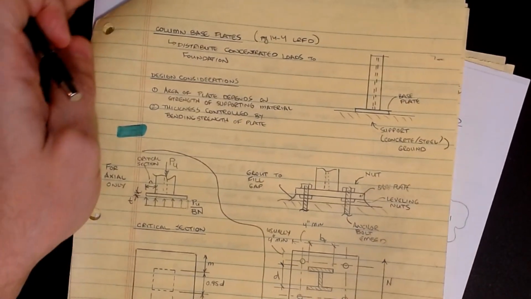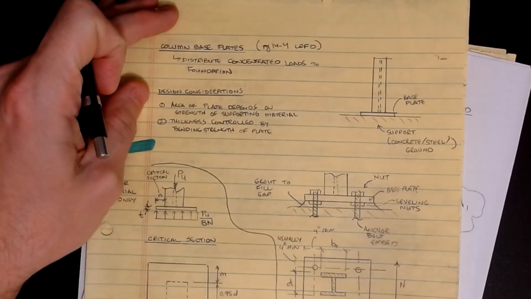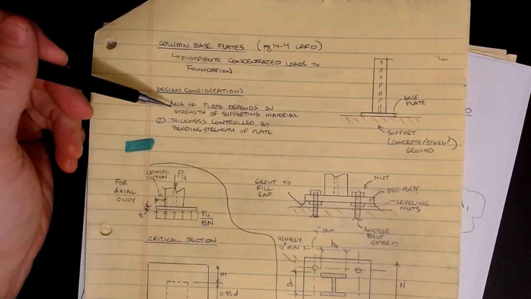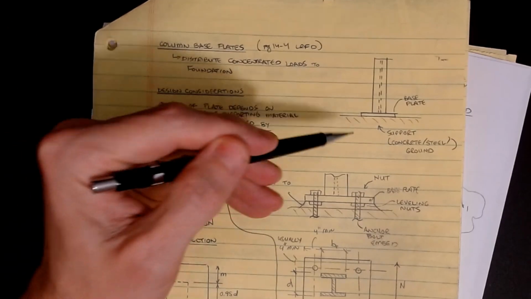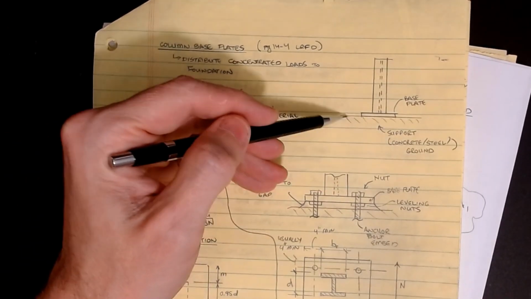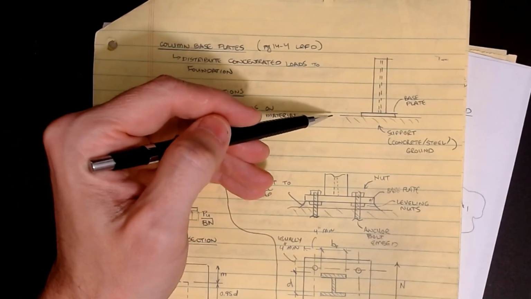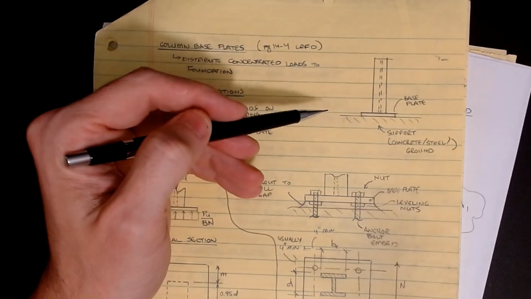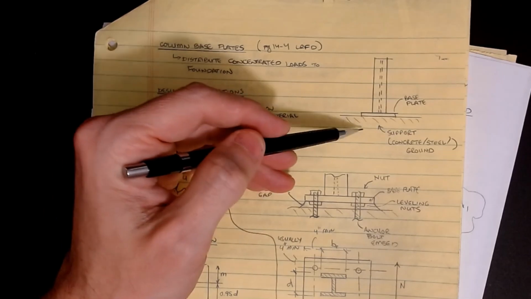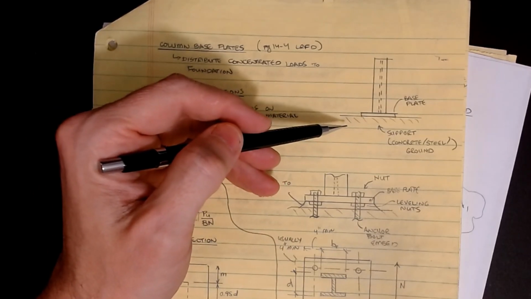Some of the design considerations are that we're looking for the area of the plate depending on the strength of the supporting material. Again, what is the allowable pressure that can be held up? If it's concrete, we're talking about the 28-day compressive strength, f'c. Maybe it's 3,000 psi, maybe it's 4,000 psi. If it's soil, maybe it's a whole lot less, like a sandy foundation.